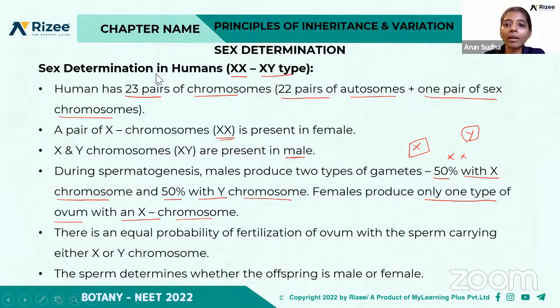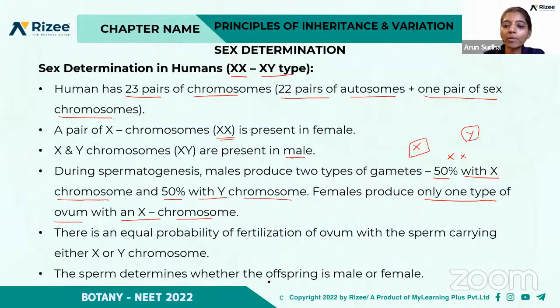They say it is only with the females, but actually the man determines the sex of the offspring, right? Because the sperm determines whether the offspring is male or female.